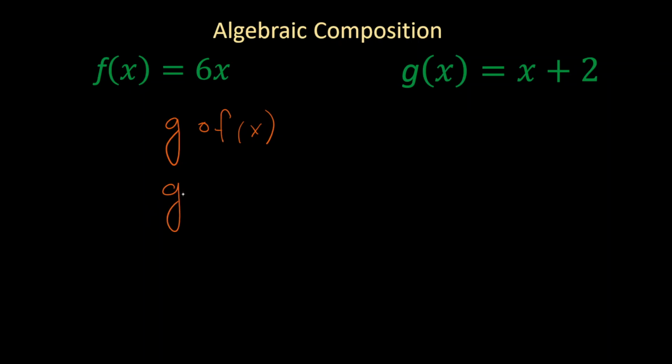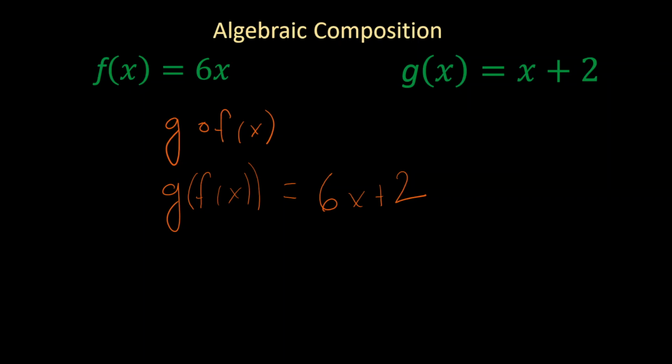So g of f of x is equal to 6x plus 2. And this makes sense because if we think about this function, what we're doing is we're taking the function 6x and shifting it up 2. So it's basically the same function, just shifted vertically 2.